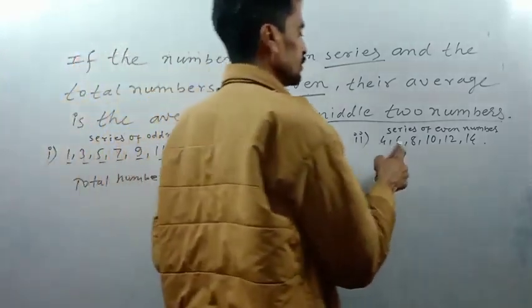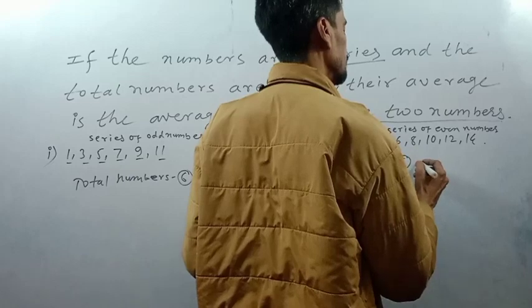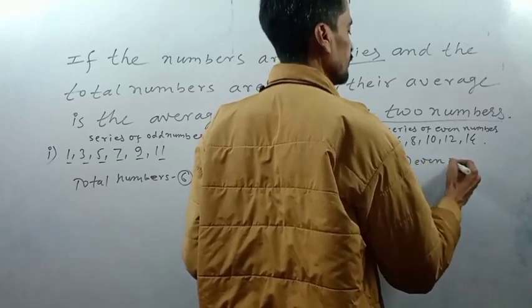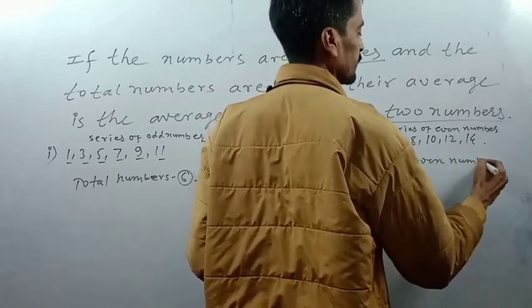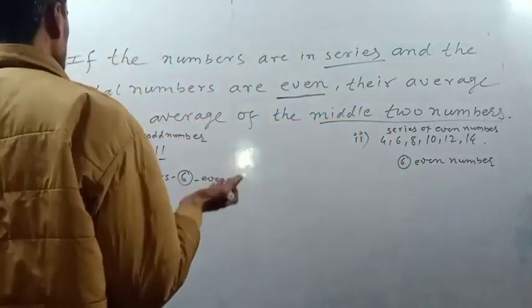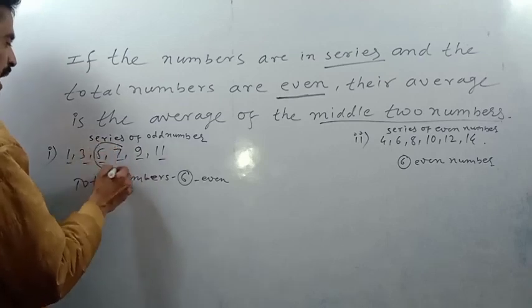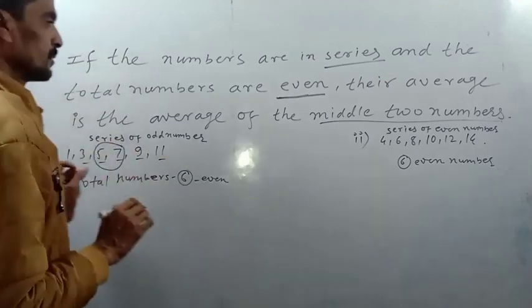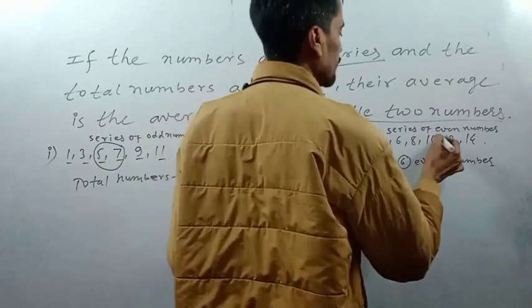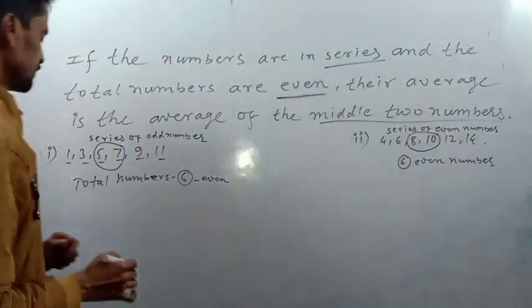Here 1, 2, 3, 4, 5, 6, and 6 is also an even number. Then what will be the average of that series? The average of the middle two numbers will be the average of the series.